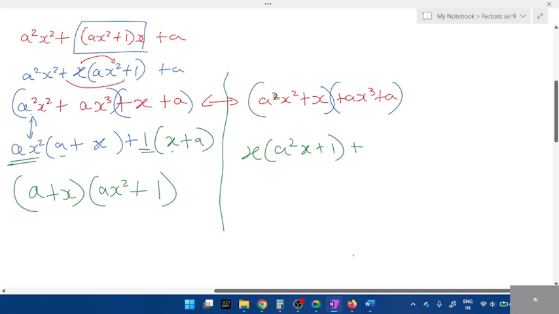So we took a outside. If you take a here, you get x square plus 1. So you have to get ax square plus 1. Just a minute. Let me check here. We took ax square out. You get a plus.